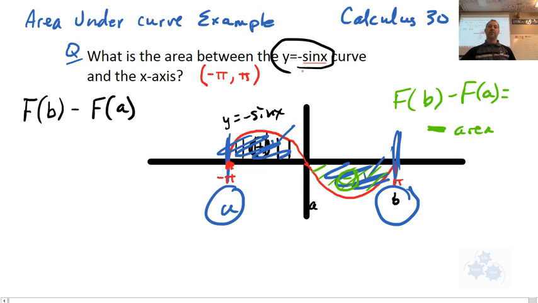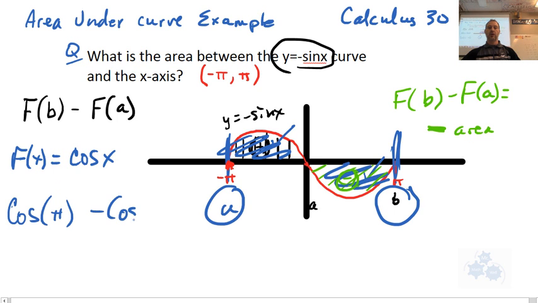So the antiderivative of negative sine x is what? Is positive cos x. Very good. And so let's do cos of pi minus cos of negative pi. Let's just test this out. So here's b, here's a. Let's find out what we get.